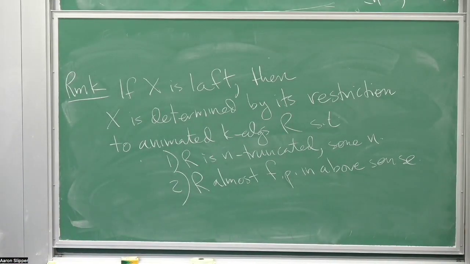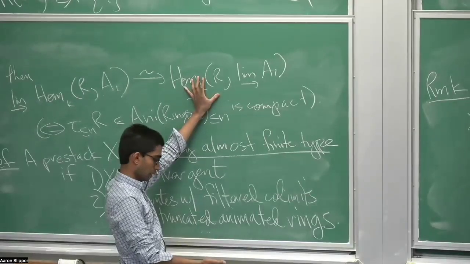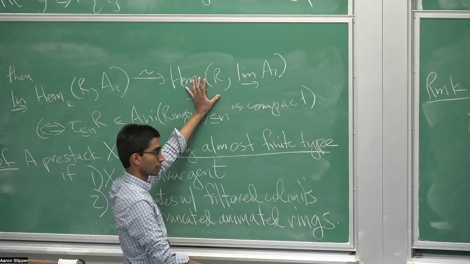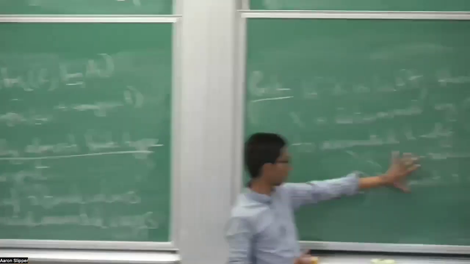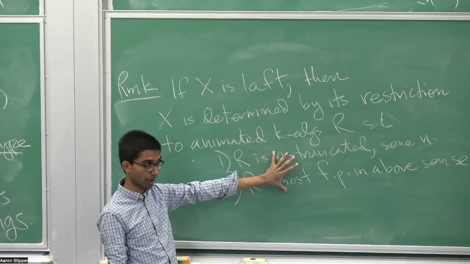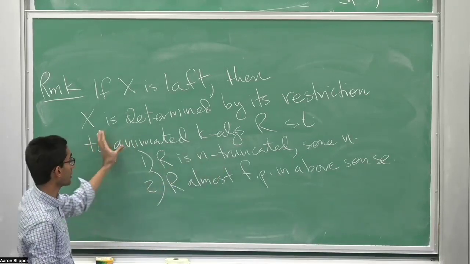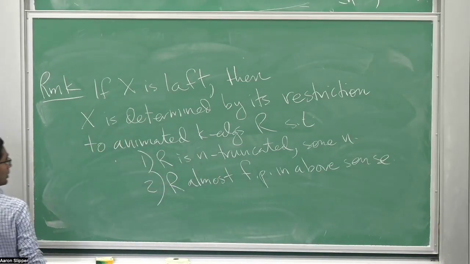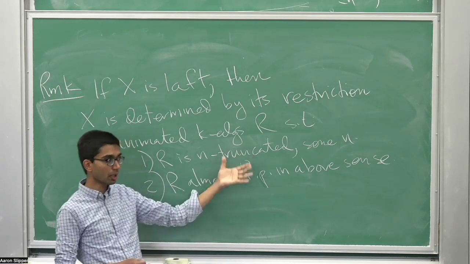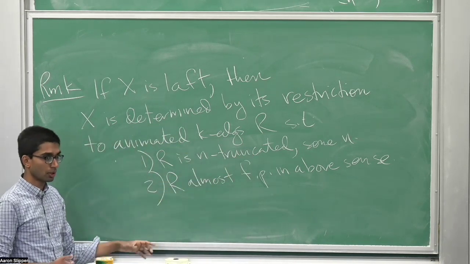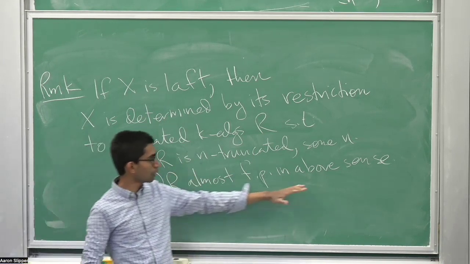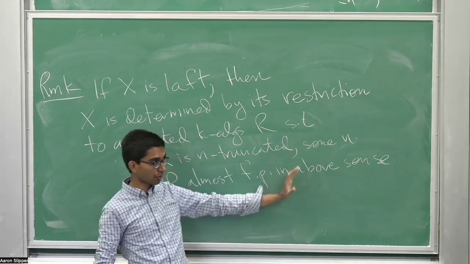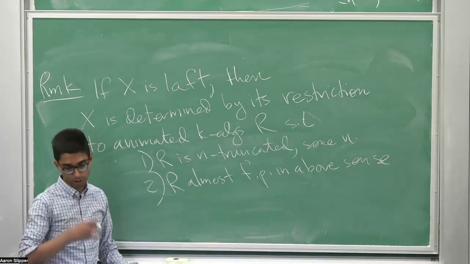Since X is required to commute with filtered colimits of n-truncated rings, once you know its values there, you know its values on all n-truncated rings. And because X is also required to be convergent, once you know its values on n-truncated rings for all n, you know its values on all rings. So there's both a left Kan extension, going from finite things to infinite things, and then a right Kan extension, taking the limit along n.